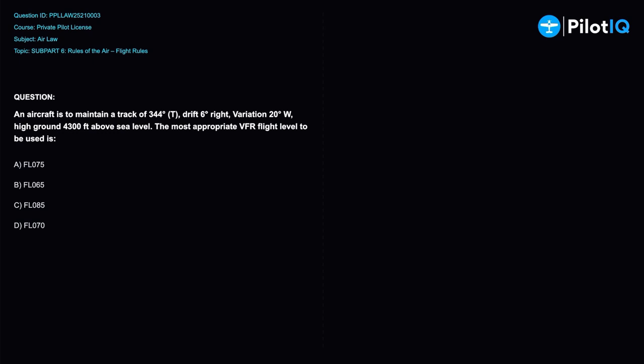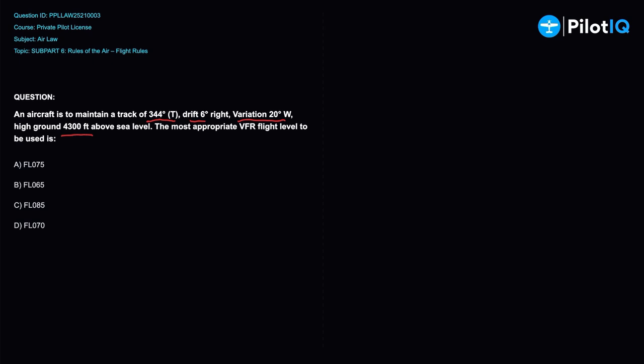So we've been given a true track of 344 degrees, a drift, we've been given variation west, and we've been given high ground that we need to clear. So how do we start this question? We know first of all that the semicircular rule is based off of magnetic track, not heading, but track.